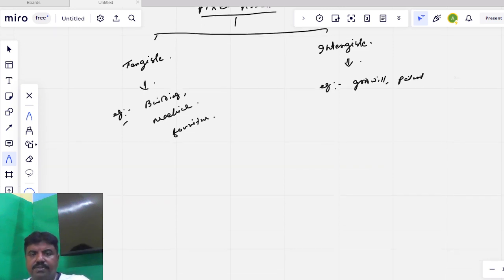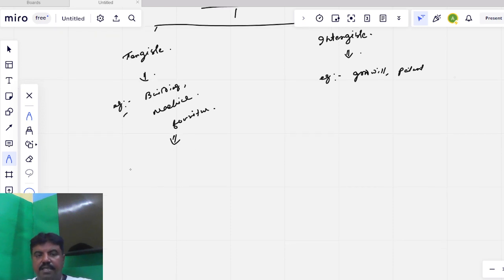Now, what happens when you use a tangible fixed asset like building, machine, furniture? Its value reduces, and that reduction of value is known as depreciation.